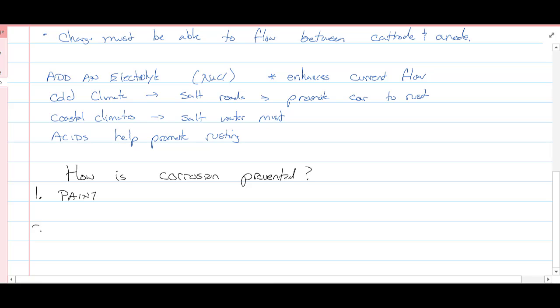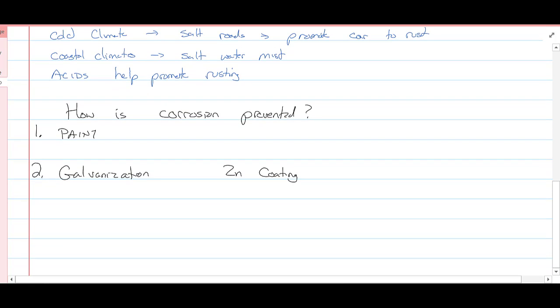Another thing that we do is galvanization. Galvanization is a zinc coating. Zinc is oxidized easily, to ZnO.